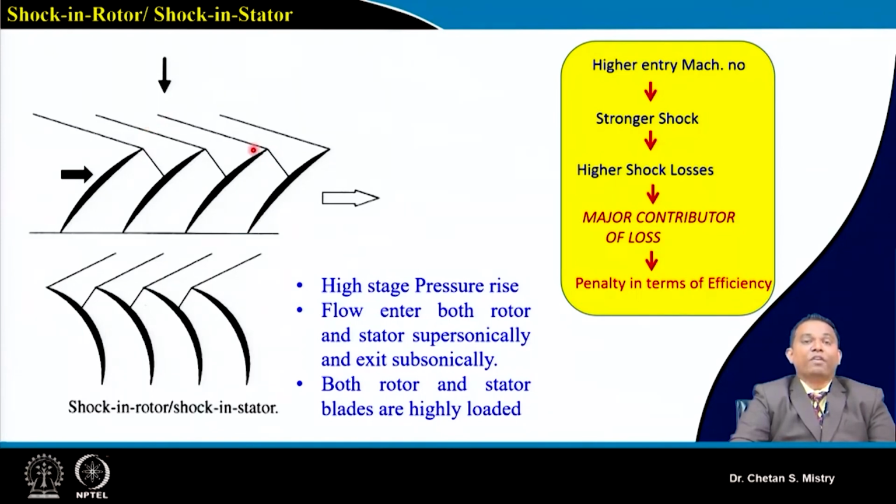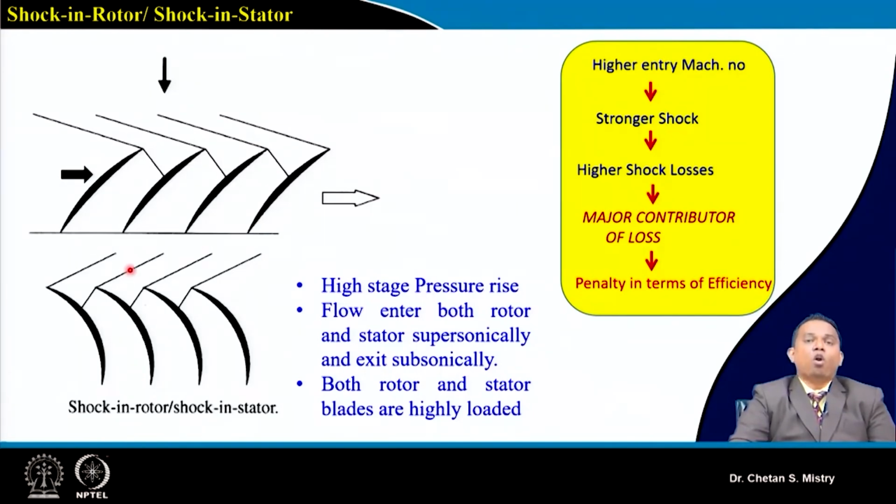Here we have our shock standing at the entry of my rotor. Similarly, at the exit of the rotor, we will have higher absolute velocity, and that will give supersonic flow at the entry of the stator. And here this rotor and stator are both highly loaded.